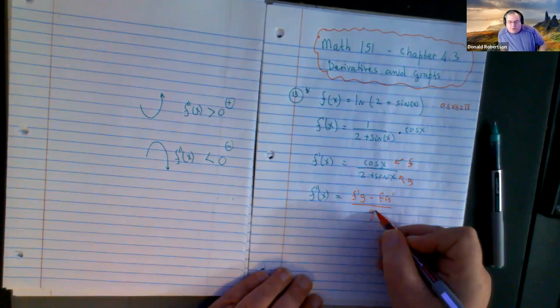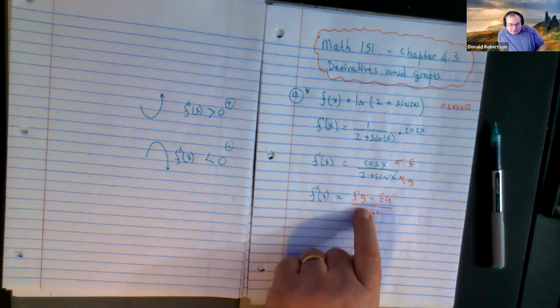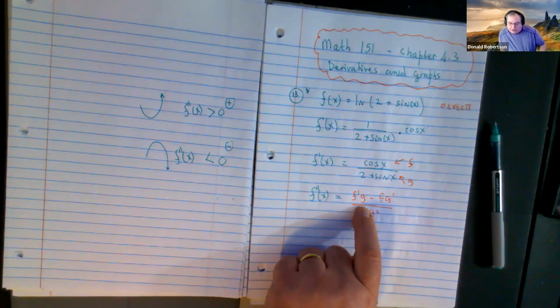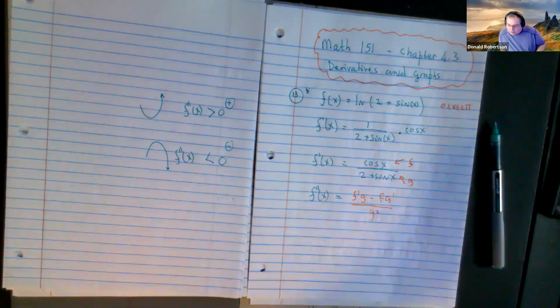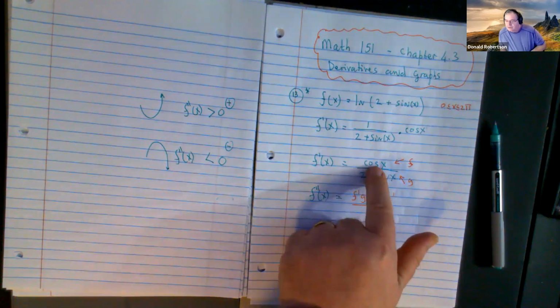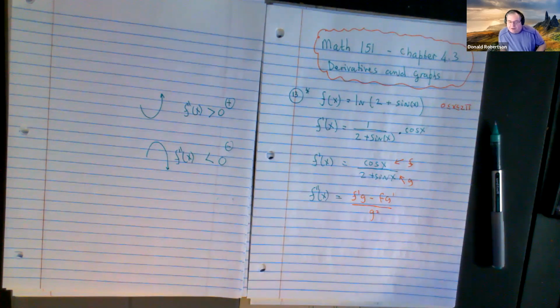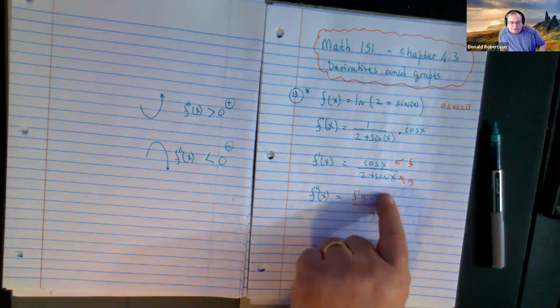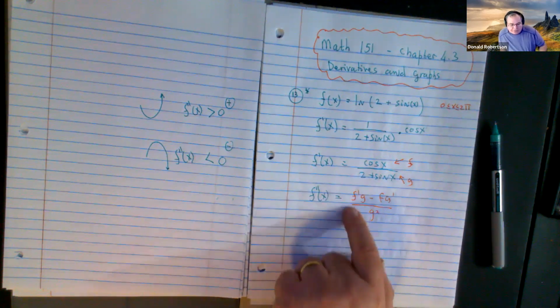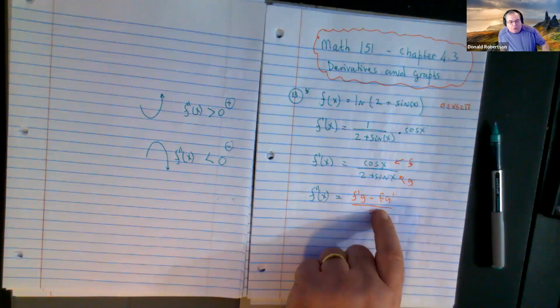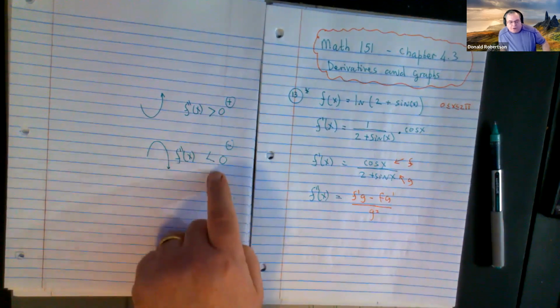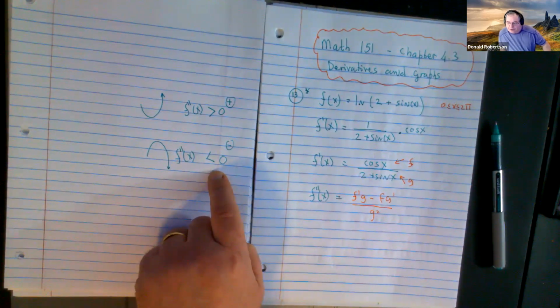Once I have this second derivative, I can get all the style points I can: make it look like the original, factor the heck out of it, and since there's some trig involved here, see if there are any trig identities that could simplify it. Once I've got this second derivative into as nice a format as it can be, we're then going to start hunting for when the second derivative is positive or negative.